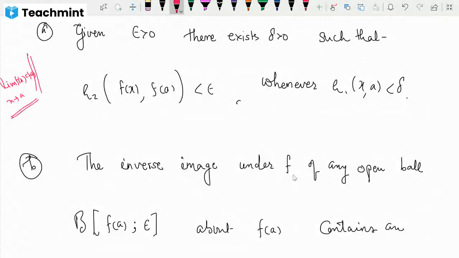If you write the definition of limit in epsilon-delta form, then condition A will be there: given epsilon greater than 0, there exists delta greater than 0 such that rho of f(x) and f(a) is less than epsilon whenever rho of x and a is less than delta. It means that whenever the distance between x and a is less than delta, then always the distance between f(x) and f(a) should be less than epsilon. So this is nothing but the definition of limit f(x) as x tends to a equals f(a). So this is A. What is B?